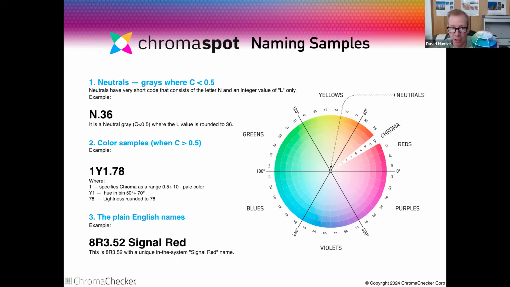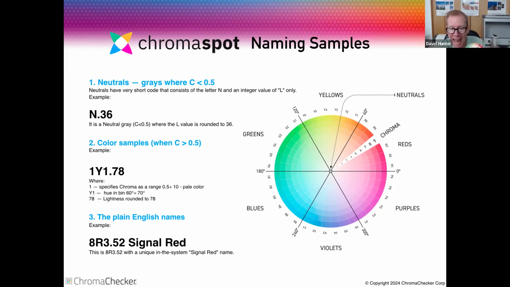Whereas a color would start with a 1, which specifies the chroma, where 1 would be very pale or near neutral. So a 1Y would be a pale yellow, in the 1 slot, which you see over on the right, and then the 78 would be the lightness. So it instantly tells you that 1Y1.78 is a light pale yellow.